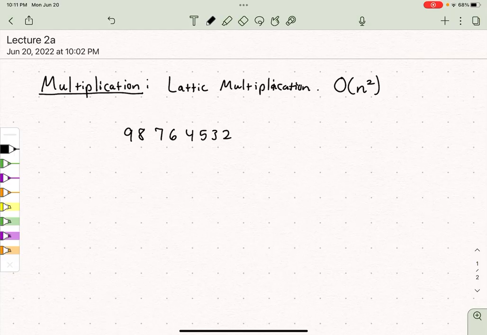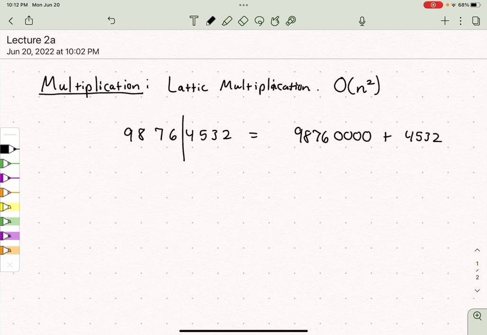Just based on how the 10-digit system works, we can write this as the number 9876 with 4 zeros plus the number 4532. Essentially, we can split these numbers in the middle and then independently play with both sides.